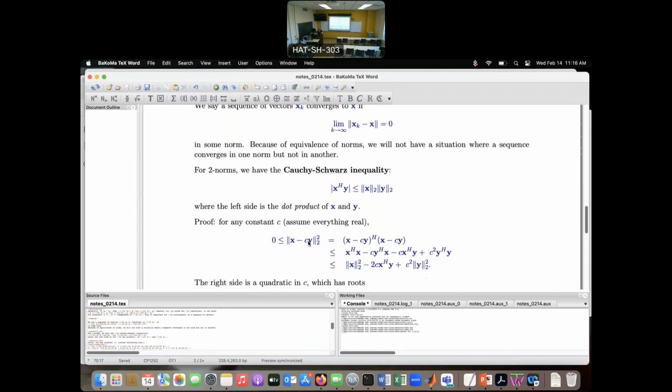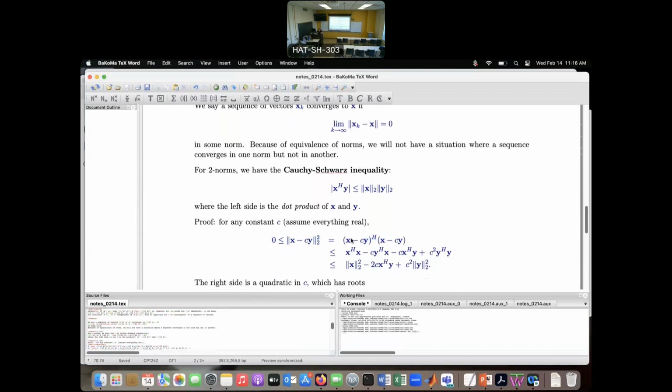Now, the 2 norm of any vector has to be non-negative, so I'm starting with this point. But then I can write out what this is. The 2 norm of a vector is the square root of its dot product with itself. So here I have the 2 norm squared, which is equal to the dot product with itself.